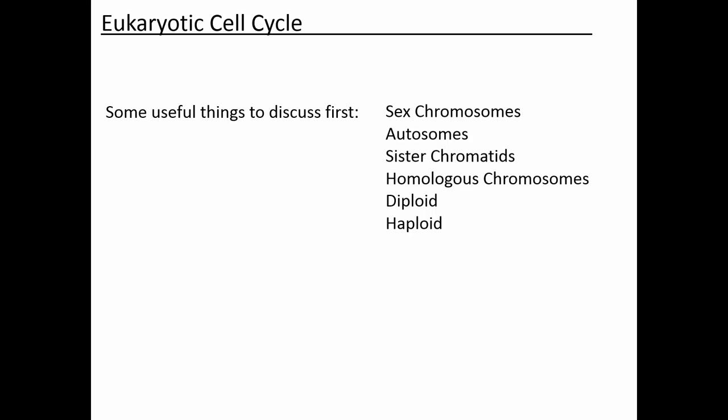A single gene in the population can have multiple forms, and you call the different forms of one gene alleles. So an allele would be one variant form of a gene.